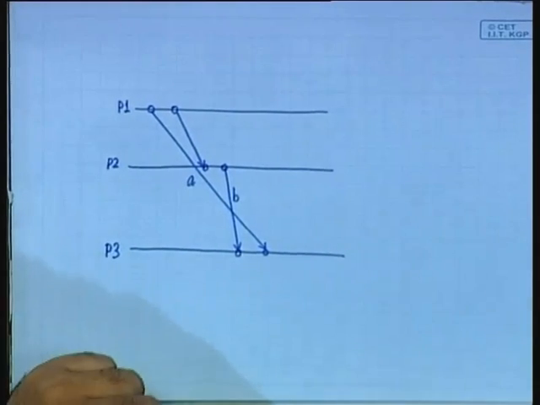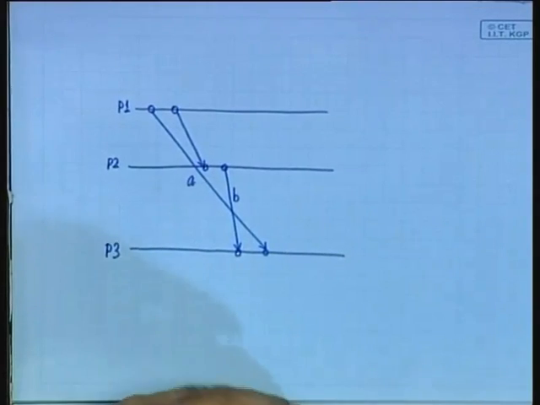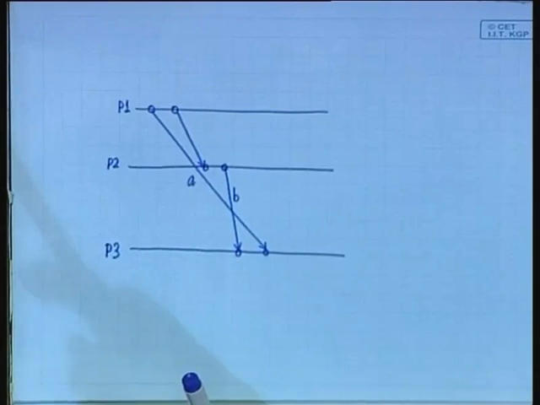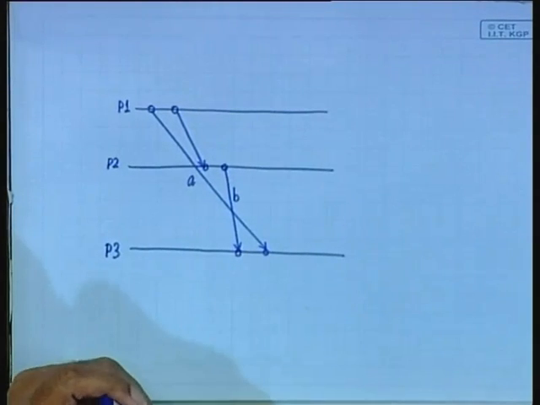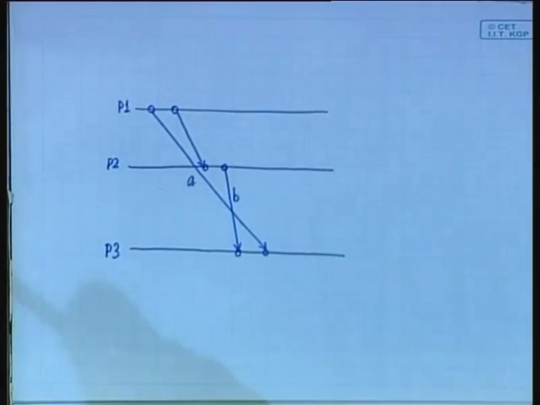The problem is when you receive B, how do you know that there can be a future A which happened before B and is yet to arrive? Because Lamport's clock does not give me the reverse. C(A) less than C(B) does not imply that A happened before B, right.